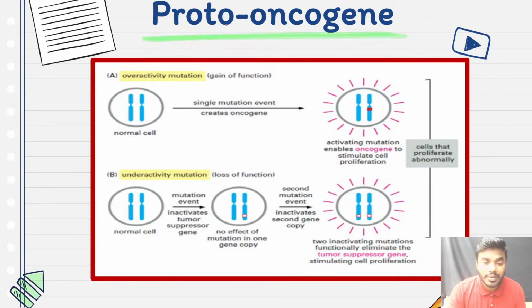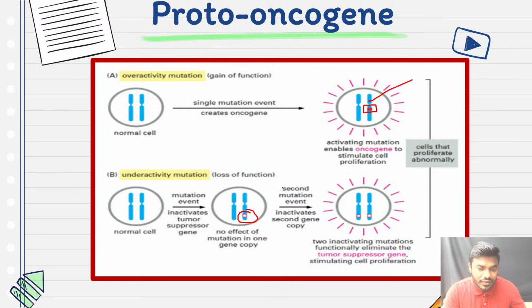I hope everyone remembers, when I use the word dominant mutation, what you have to keep in your mind. Even though one copy of the gene gets mutated, that is sufficient, the entire cell can be converted into what friends? A tumorous cell. But here, if one copy of the gene gets mutated, that is not at all sufficient to convert it into a tumor.